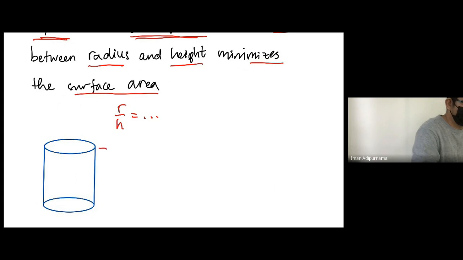This is H and this will be R. The volume of a cylinder, if you don't remember, is the base multiplied by the height, the circle area multiplied by height.